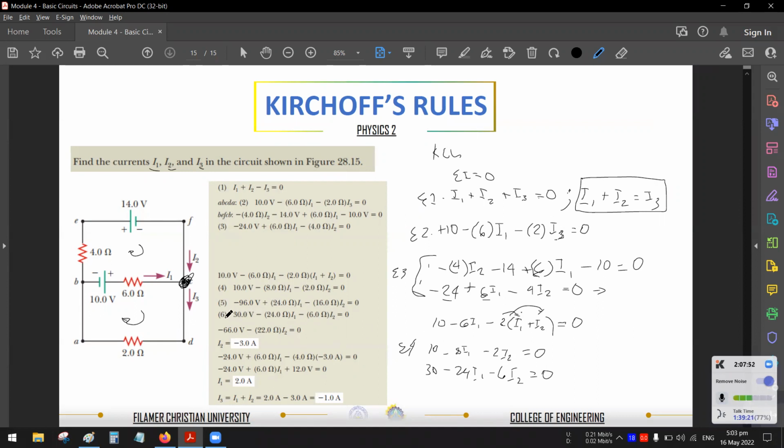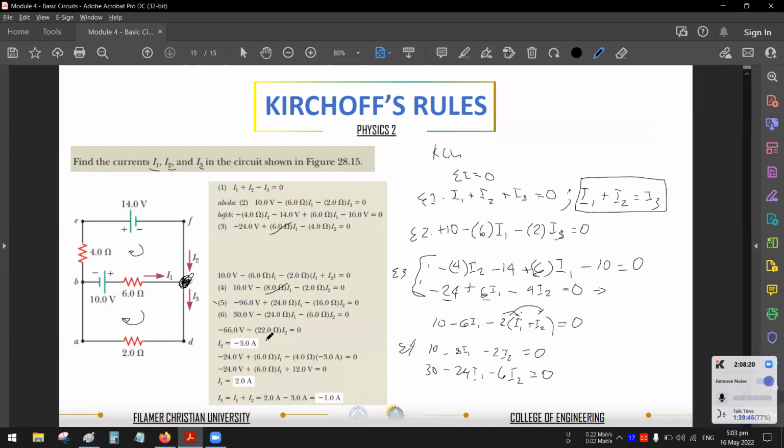So, nakuha natin yung equation 5 by multiplying equation 3 by 4. Okay? Para ma-cancel out natin to later on. Yung I1. Kasi i-add natin yan eh. Okay? So, once we cancel out the I1, matitira na lang dito is eto.